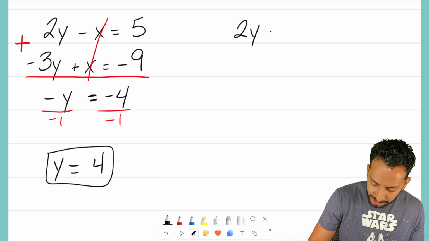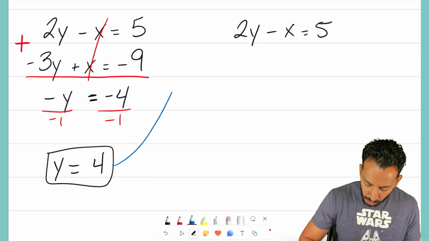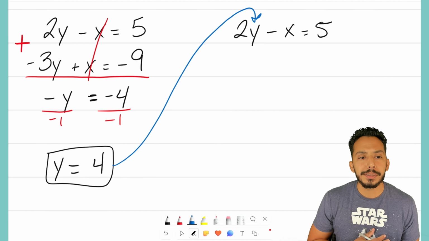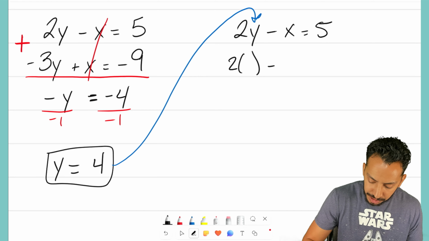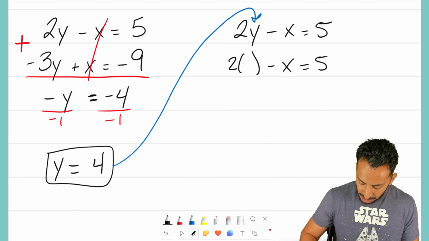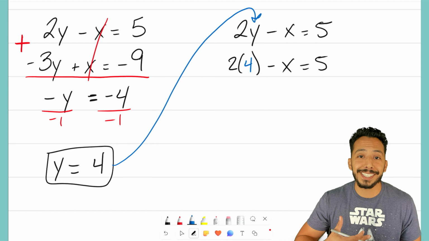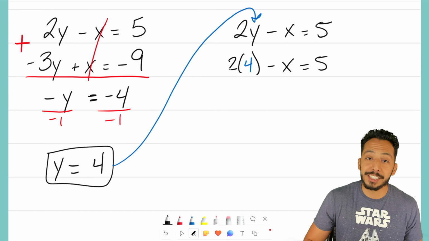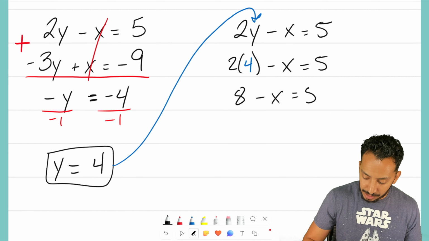So I'm going to rewrite that first equation. But notice, I now know that y equals 4, so I'm going to drop in that 4 for y so I can solve for x. 2 times 4 is going to give us 8. We have 8 minus x equaling 5.